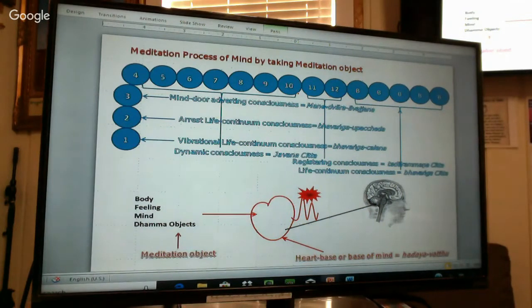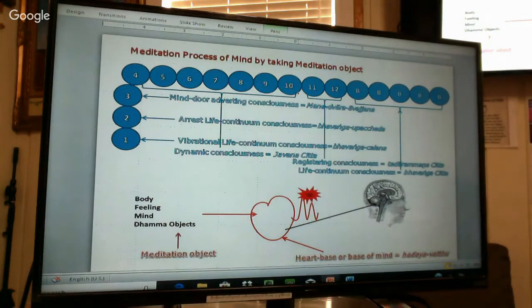It depends on your practice and your previous life practice, your parami connection, and then the conditions you have right now: the place, the meditation, and also the food you eat. Food is also important.